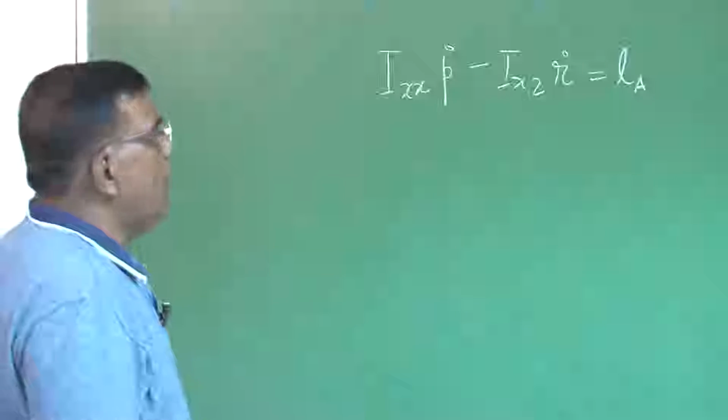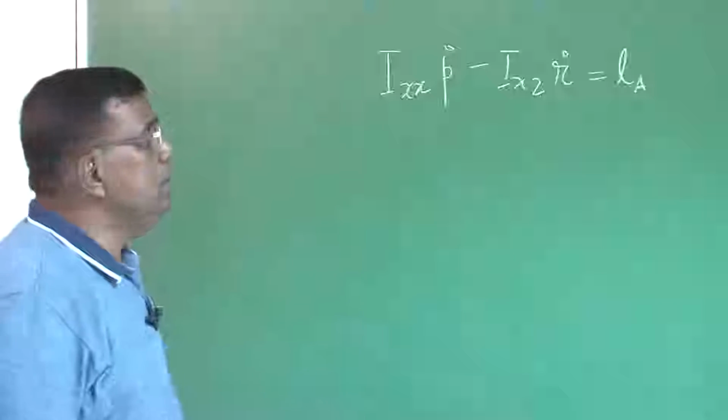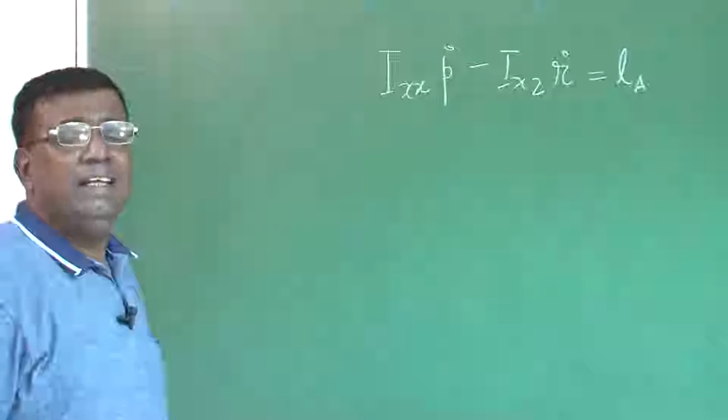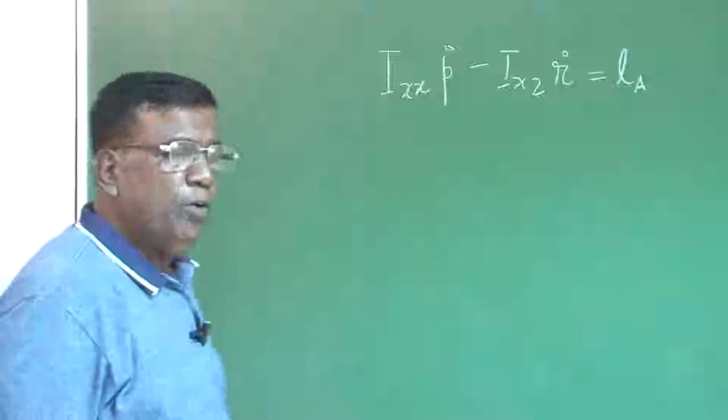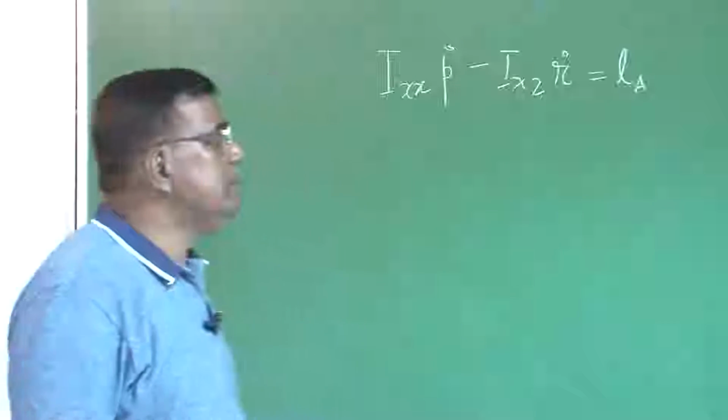Now, we are also clear that since we have written these equations in the stability axis system, we know how to give a correction for Ixx and Ixz, so that appropriately we have taken the moment of inertia about the stability axis system.